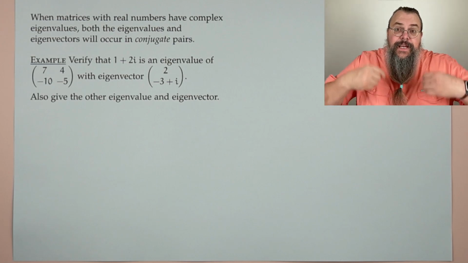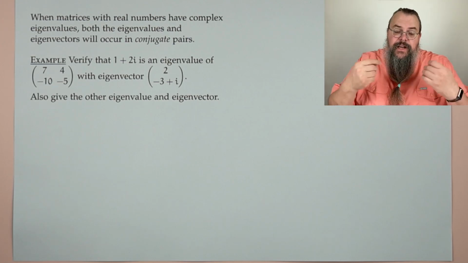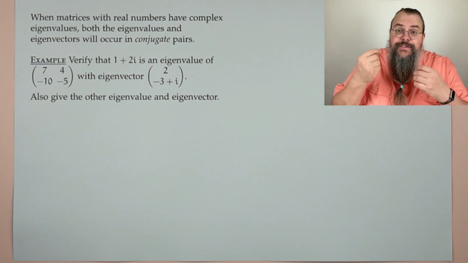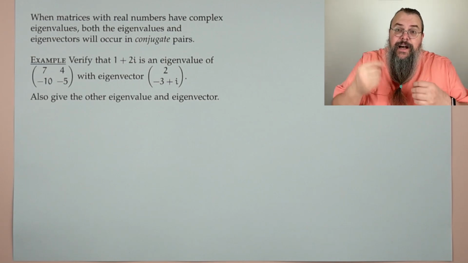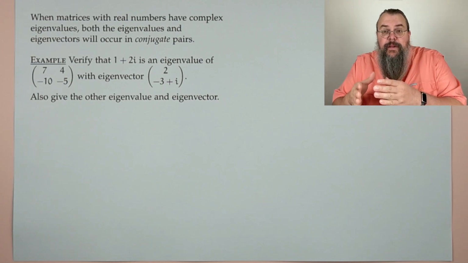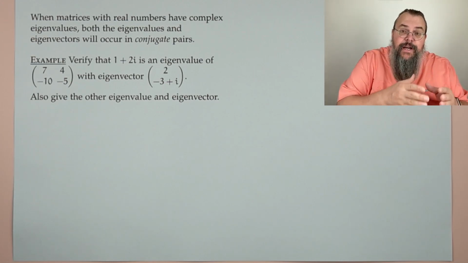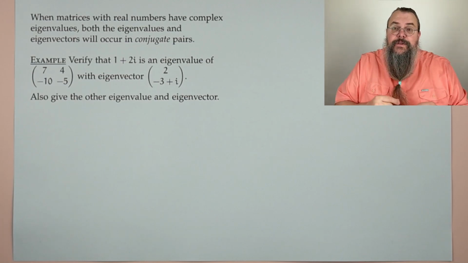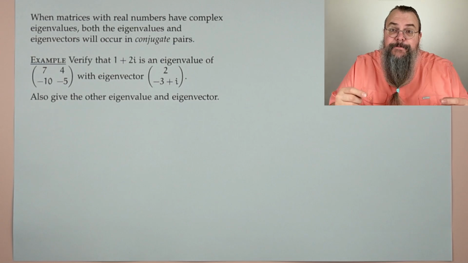Well, if that does happen, that we have complex eigenvalues, it turns out there's this beautiful fact that the eigenvalues occur in conjugate pairs. So in other words, if I have a plus bi, I also have a minus bi. So it's like you flip the sign for the part which has the i on it.